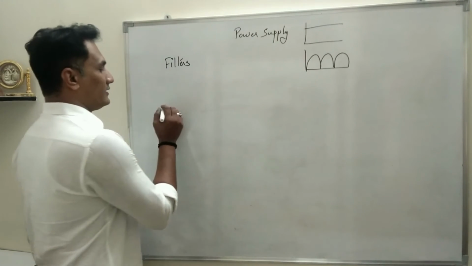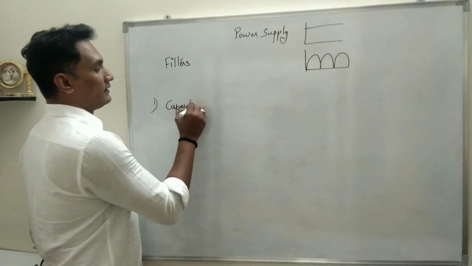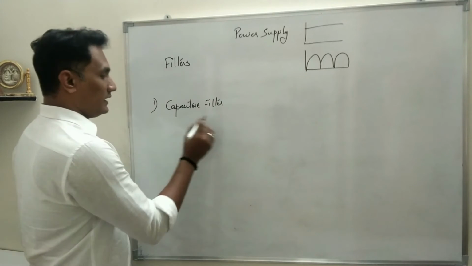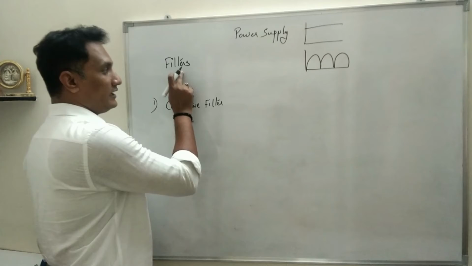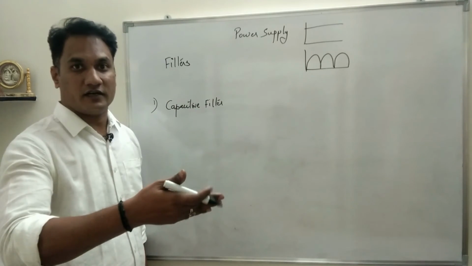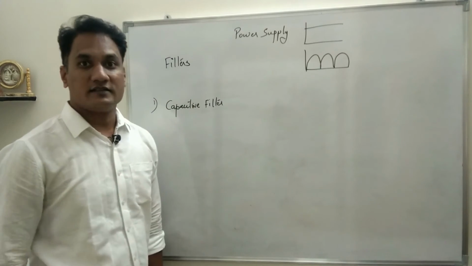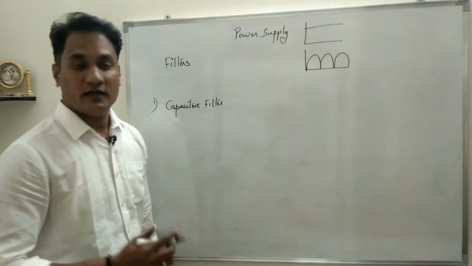So the first one is capacitive filter. Okay, capacitive filter. In a capacitive filter, see what happens is for this filter the input will be from the rectifier, because the third block is the filter. Before that we have a rectifier. So what will be the input for the filters? It is nothing but the rectified output that is coming out of the rectifier.